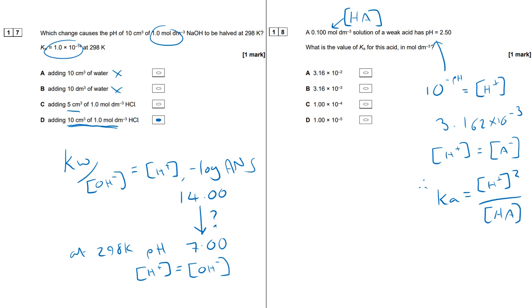We just found the concentration of H plus, 3.162 times 10 to the minus 3, so we're going to square that and divide it by the concentration of HA given to us in the question. Plug those numbers in and you get 9.998 times 10 to the minus 5. 9.998 times 10 to the minus 5 can be rounded to 1 times 10 to the minus 4.